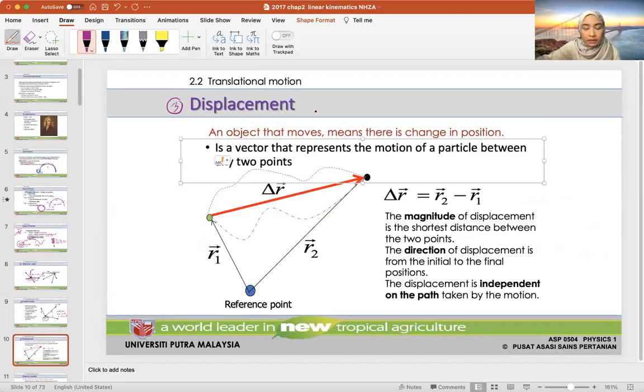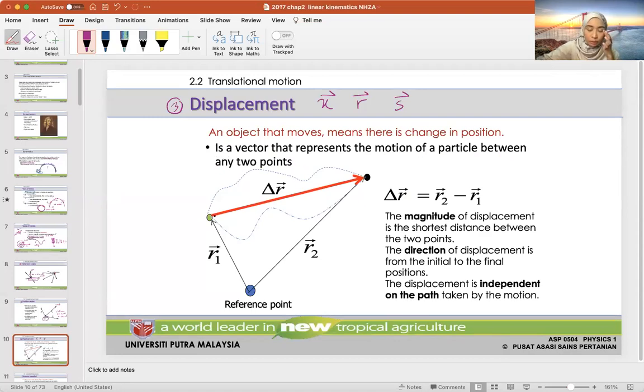Displacement is a vector indicated by this guy or this guy or this guy. So displacement ni ada banyak simbol. Kat sini dia pakai R. Boleh. So it is a vector that represents the motion of a particle between any 2 points.